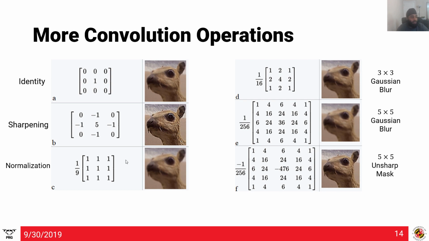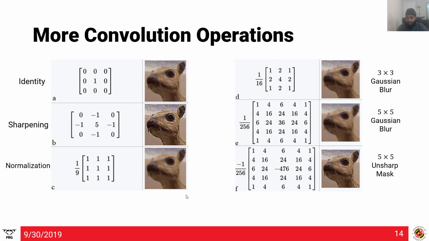Next is the normalization, commonly known as box blur as well. Just like the case we discussed in the previous slide where everything was 1 by 9, this is exactly the same representation, with 1 by 9 as a common factor outside and 1 1 1 1 inside, right?